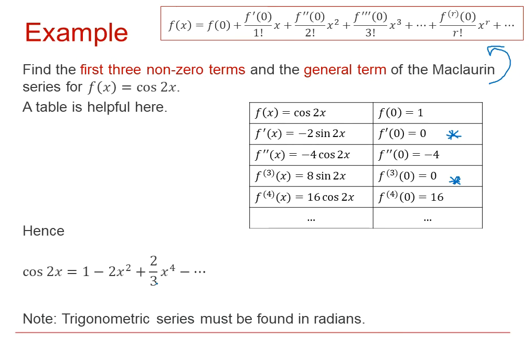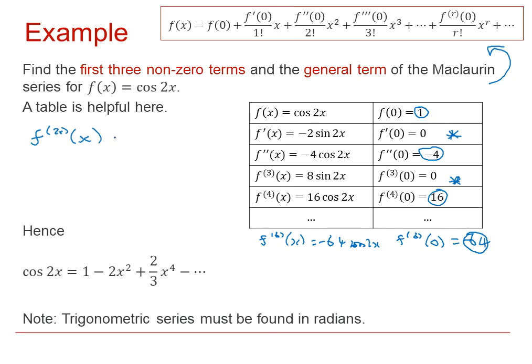If we start to investigate this a little bit further, for example, if we look at the sixth derivative of x, we will get minus 64 cos 2x, and therefore the sixth derivative when x is 0 is minus 64. So now if we look at the general derivative in this pattern, we know we only need to consider the even derivatives, so I'm going to call this derivative the 2r derivative.